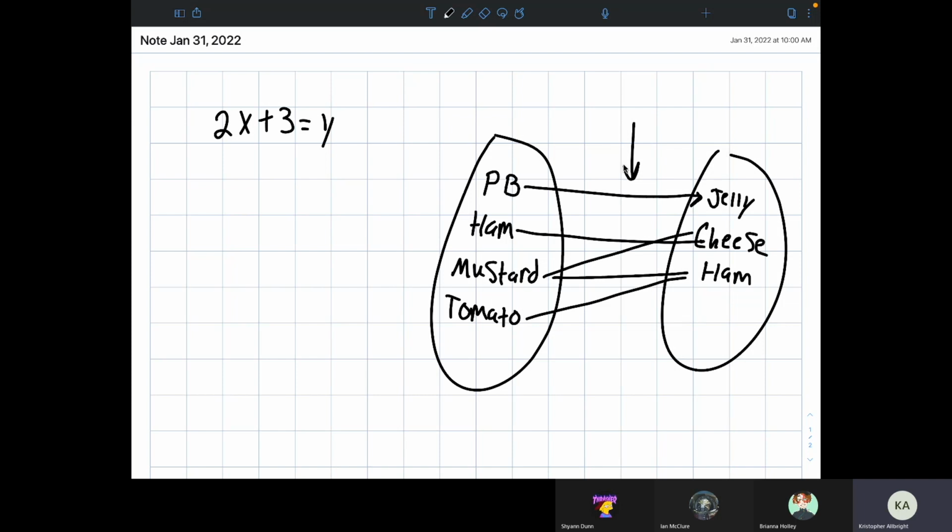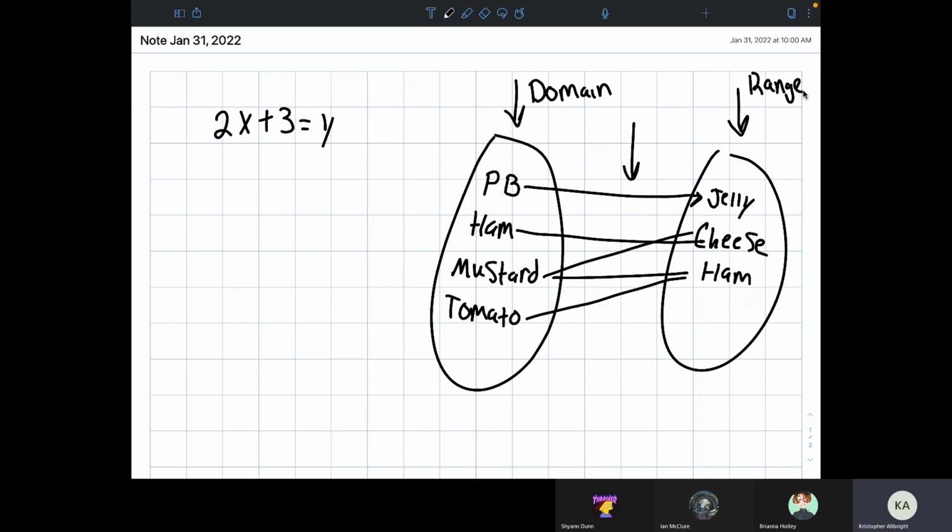What this is called is a mapping. It's a list of things on the left that are related to things on the right. This on the left, this is what's called the domain. And this is what is called the range on the right.